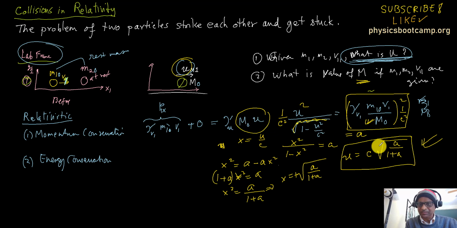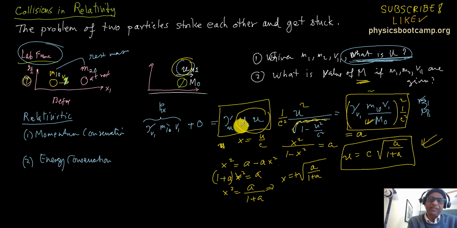M0 will be there, so you can't just plug this in here and get it from one equation, since you'd get two unknowns. No, you can't get m0 using this, so we'll have to do it a little differently. This is the whole momentum, right? So we need to find energy in a different way.